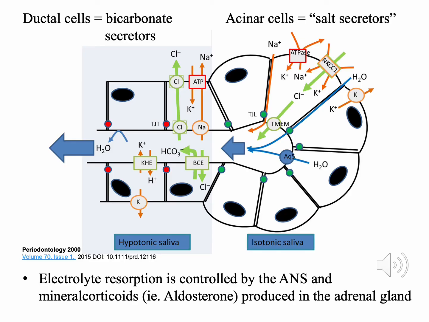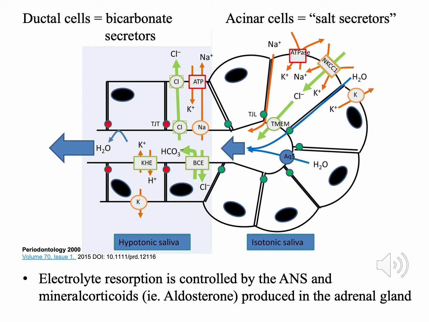So let's walk through this process fairly slowly. The acinar cells are best considered a salt secretor. So they're going to be secreting sodium, they're going to be secreting chloride as well, and this is going to pull water from the cells into the lumen of the acini. This creates an overall isotonic or even maybe slightly hypertonic saliva.